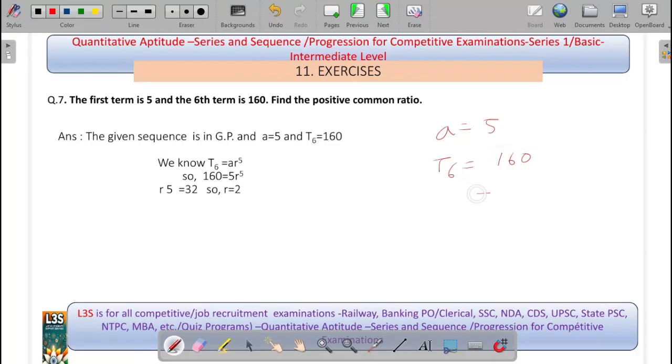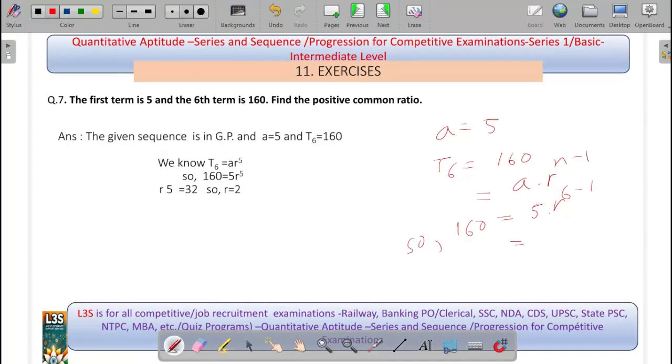We know Tn is equal to A into R to the power n minus 1. So A is equal to 5, R we have to find out, n is 6, 6 minus 1. And T6 equal to 160.